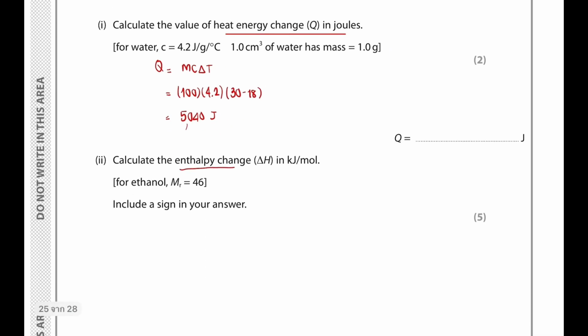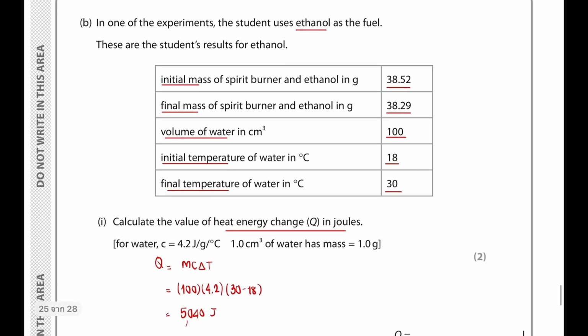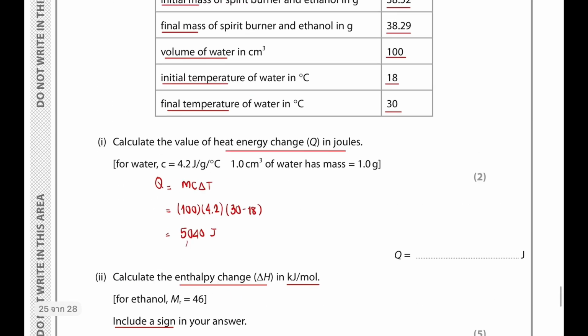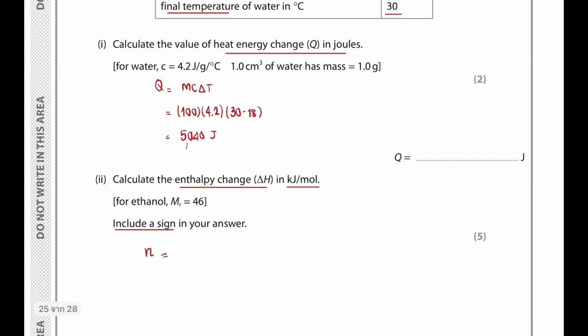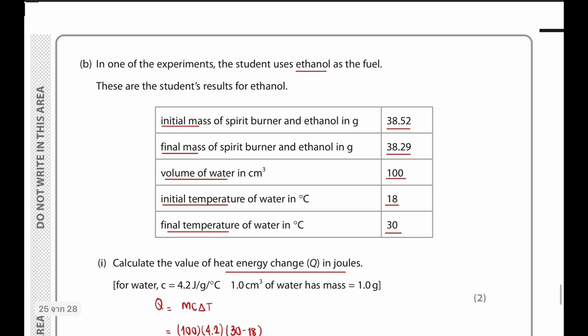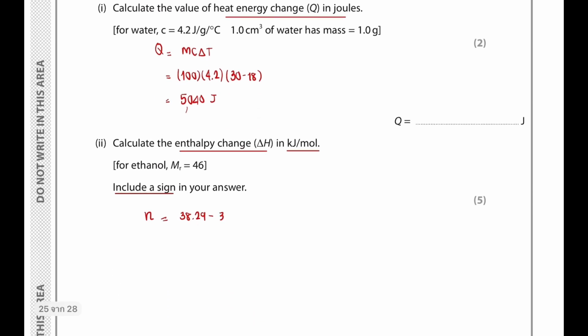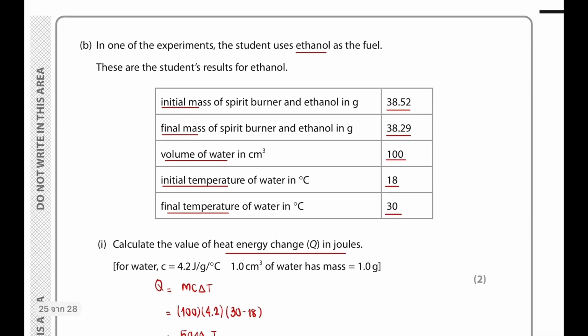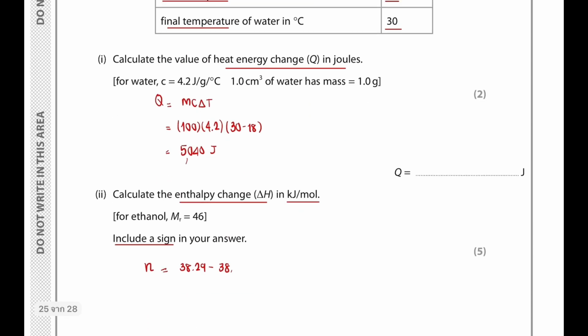Then question II. Calculate the enthalpy change delta H in kilojoules per mole. Include a sign in your answer. So first of all, we have to find the number of moles. In this case, the mass of ethanol is equal to 38.52 minus 38.29. I'm sorry, it should be reversed.